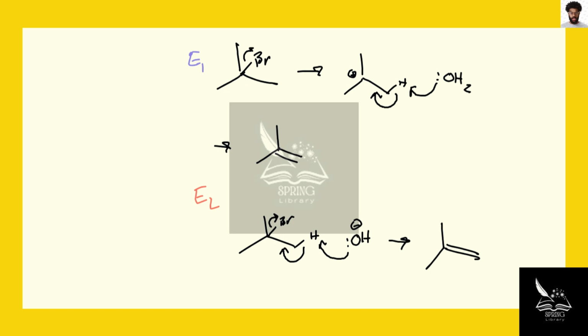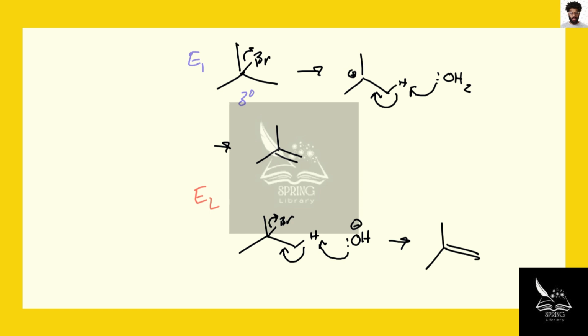What are the characteristics that tell us that this is an E1 reaction? Tertiary substrate. Because it generates a carbocation, it's basically got to be either tertiary or secondary. So tertiary makes E1 possible because of the stability of the resultant carbocation.